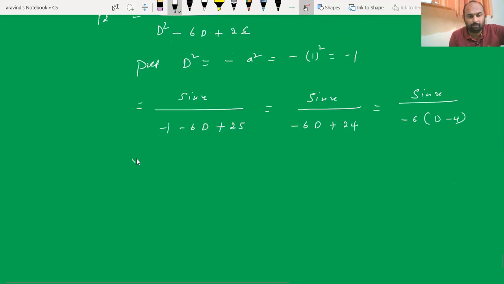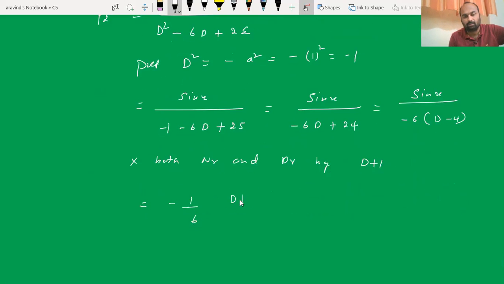So let us multiply both numerator and denominator by d plus 4, because it has d minus 4. So now minus 1 by 6 into d plus 4 divided by d plus 4 into d minus 4, into sin x.